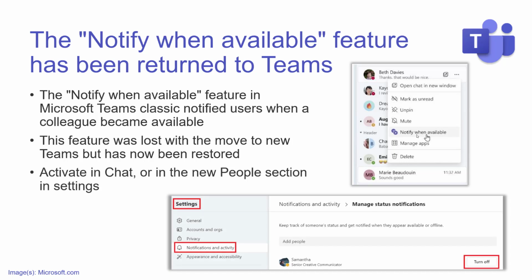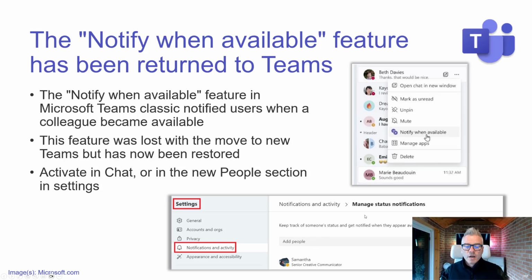You can go into Teams settings, notifications and activity, and you can add people there, or turn it off. Folks, I was talking about this to a large group of people yesterday, and what came up was the ability for it to be misused. Let's say someone in the workplace has an inappropriate interest in somebody, the ability just to keep track and see when they're available.